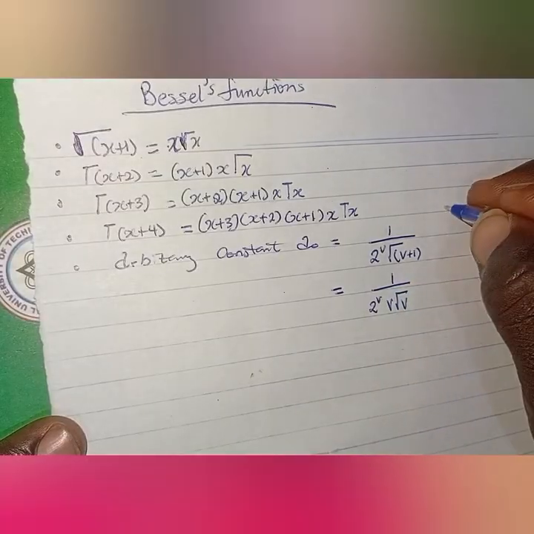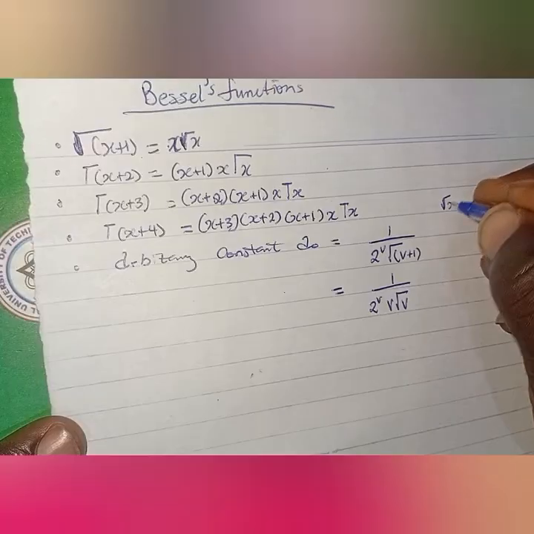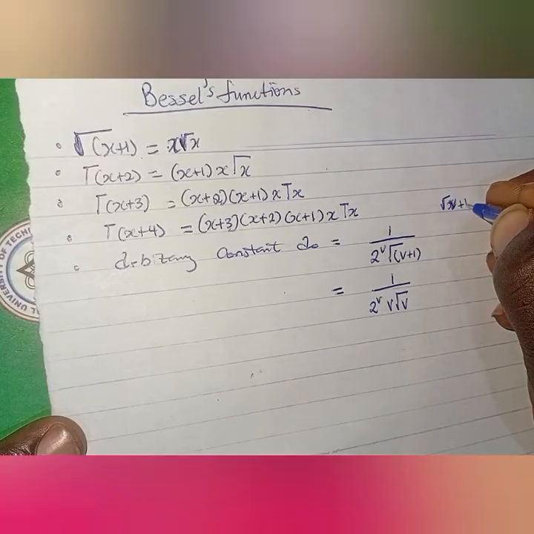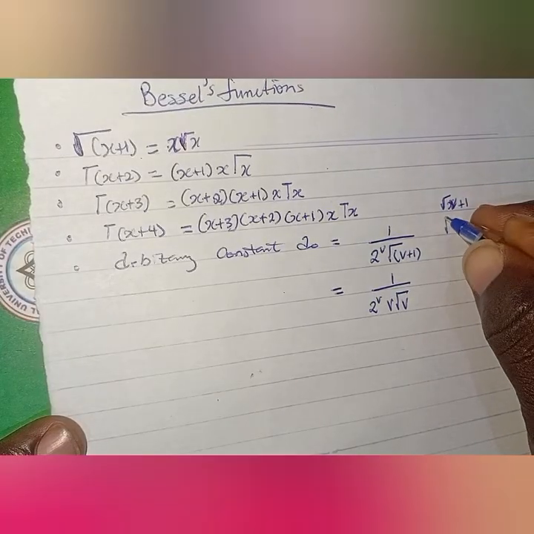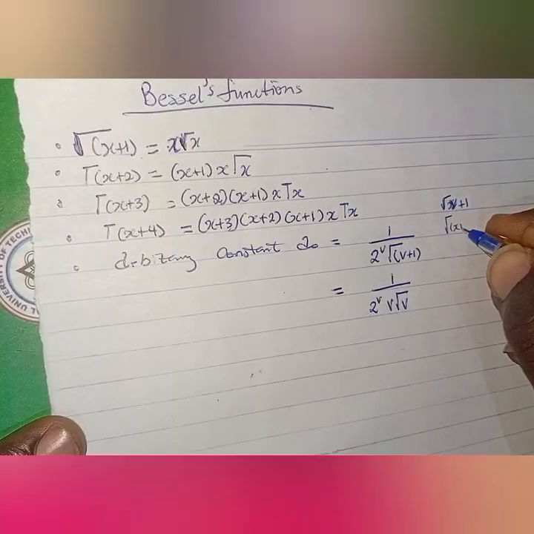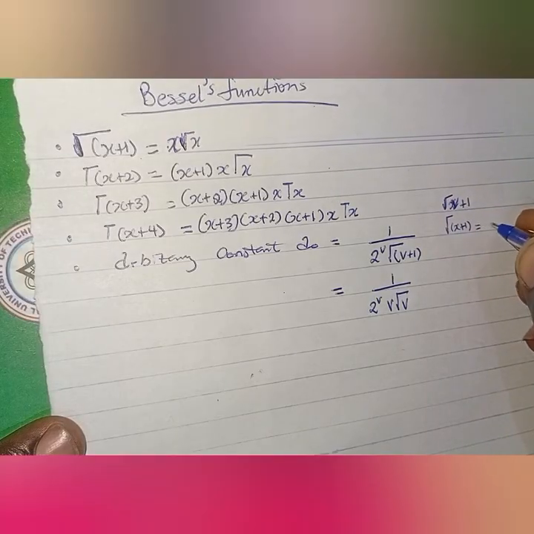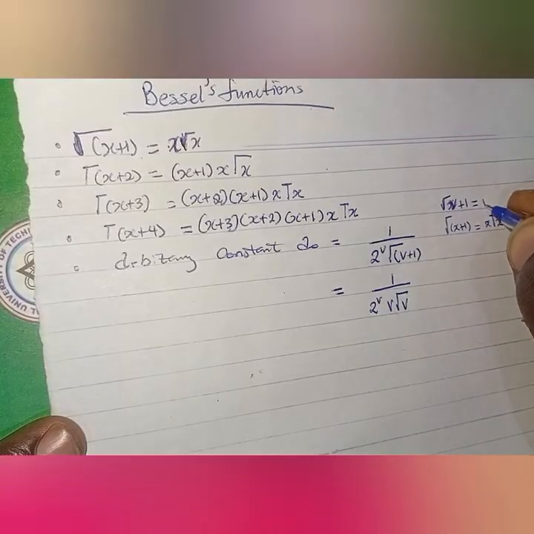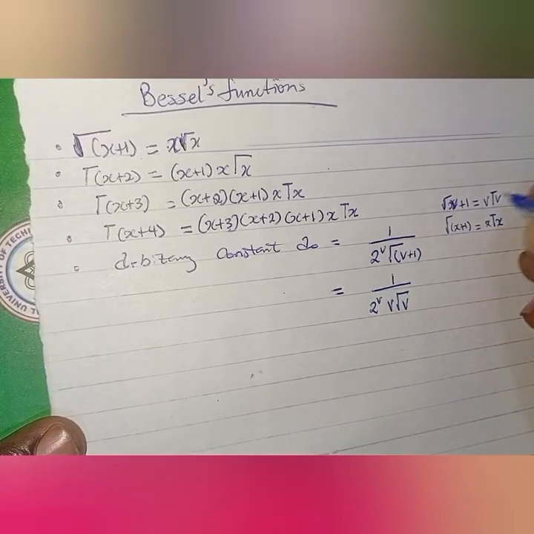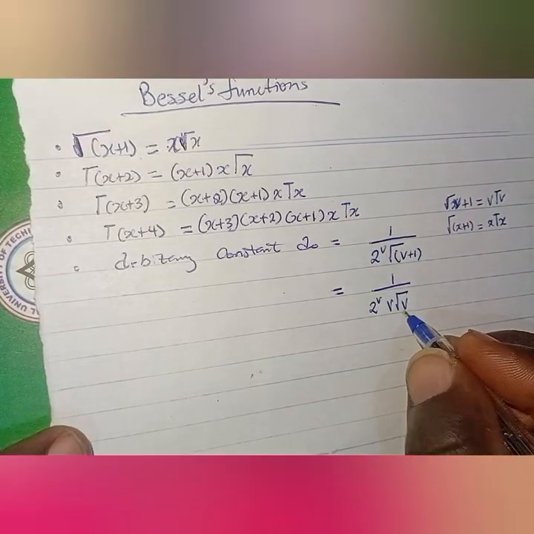If you check, gamma v plus 1 is just like saying gamma x plus 1, which gives us x gamma x. So definitely this one is going to give us v gamma v. So that's how we arrive at this answer.